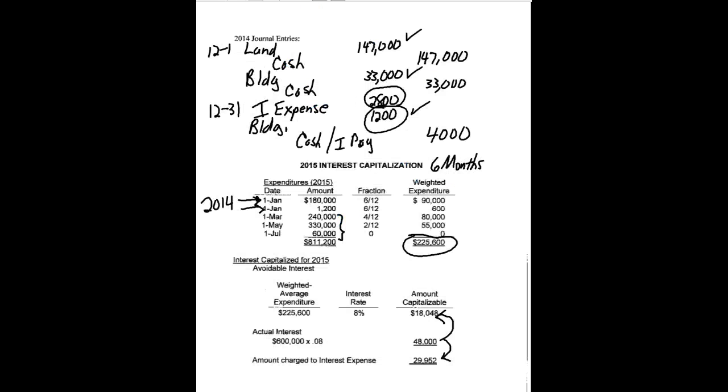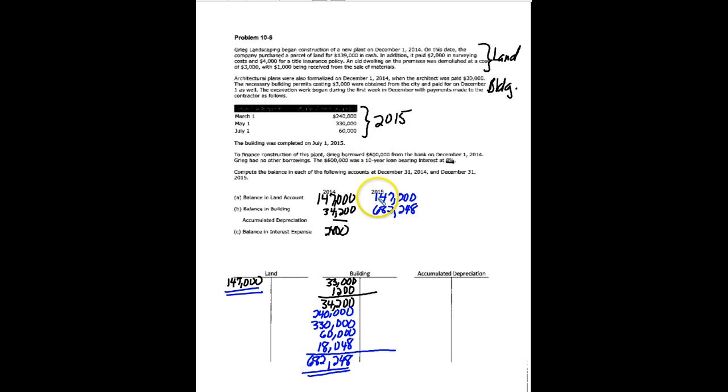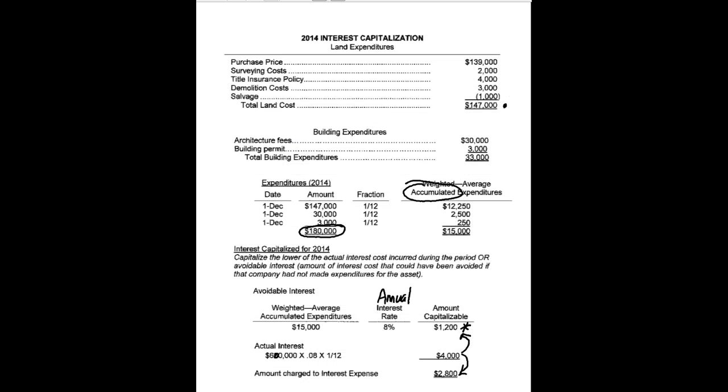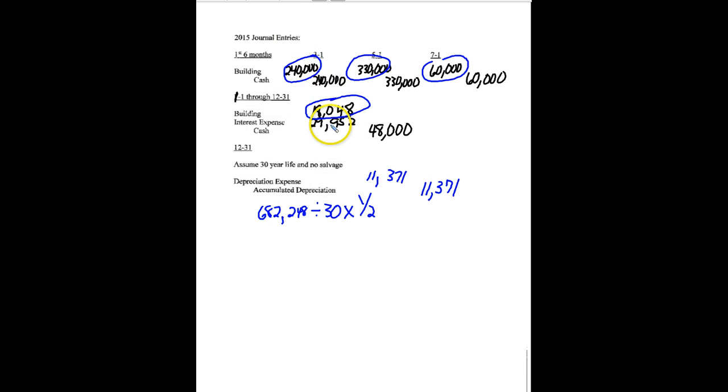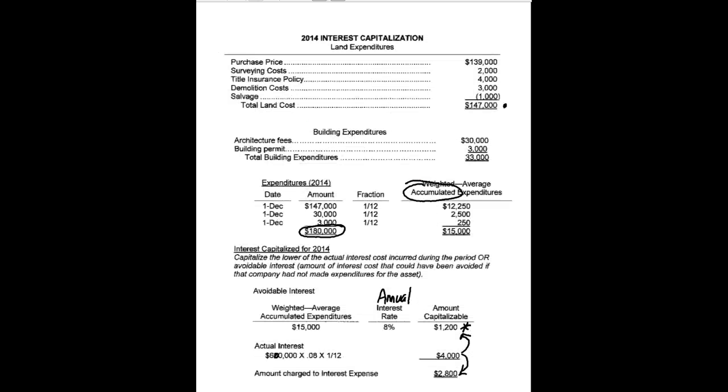Okay, let's go back, put that on our chart. Put it in as a negative. And then interest expense, I have forgotten. Let's go take a peek. For 2015, interest expense was this $29,952.